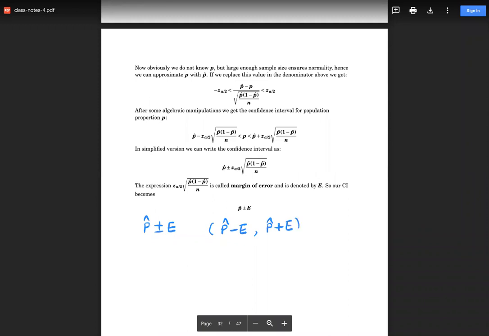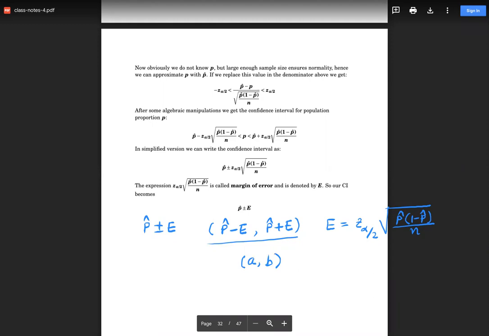What is e? It is called the margin of error, and e is z sub alpha over 2 times the square root of p hat times 1 minus p hat, all of it divided by the sample size. So that's going to be your confidence interval. It has the form a comma b.